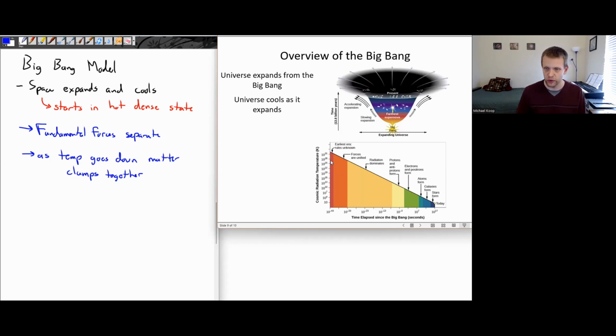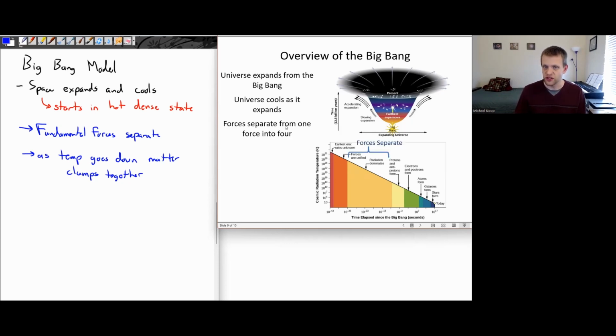So the temperatures are going from ridiculously high temperatures, like temperatures that it sounds like I'm just making things up, like a trillion Kelvin. I've had students before say it sounds like I'm a little kid who just wants the biggest number ever. But those are actually some of the temperatures involved in the earliest moments of the universe.